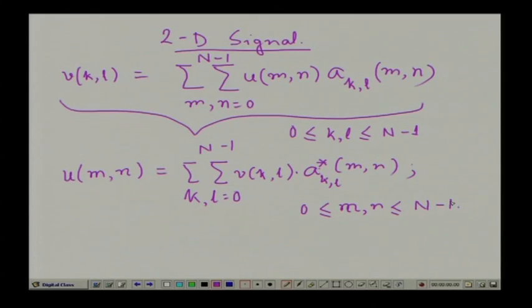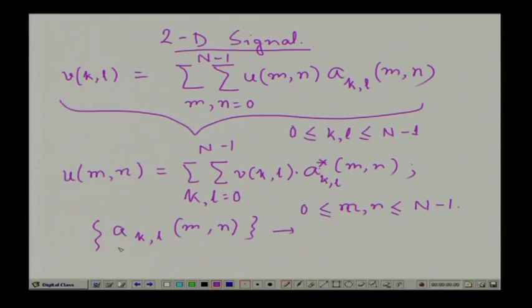Where this image transform, that is a k l m n, is nothing but a set of complete orthonormal discrete basis functions.